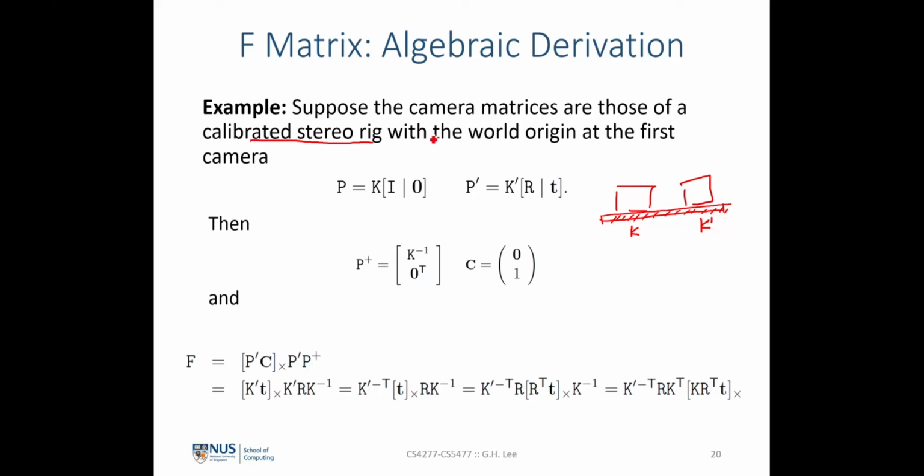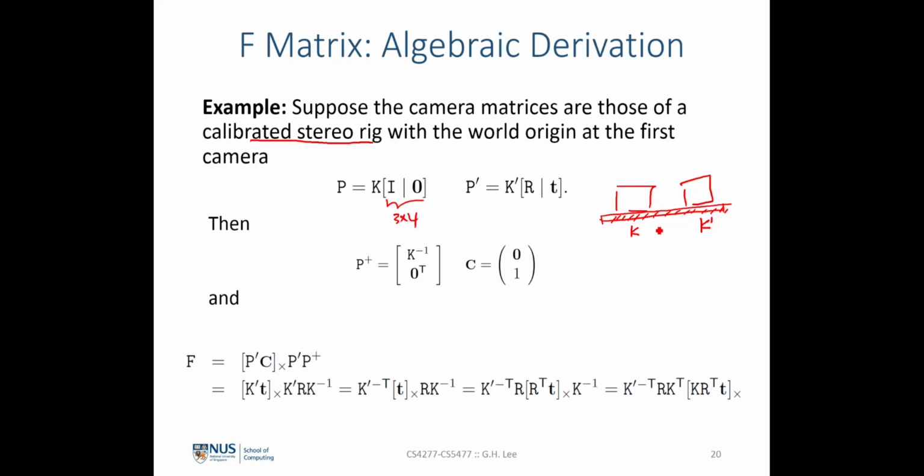By this definition, we can assign the camera matrix of the first view to be a canonical camera matrix, which is given by K multiplied by [I | 0]. This is actually a 3 by 4 matrix. This simply means that the camera coordinate frame aligns with the world coordinate frame.